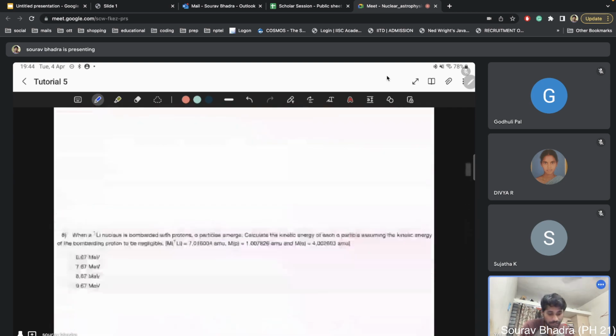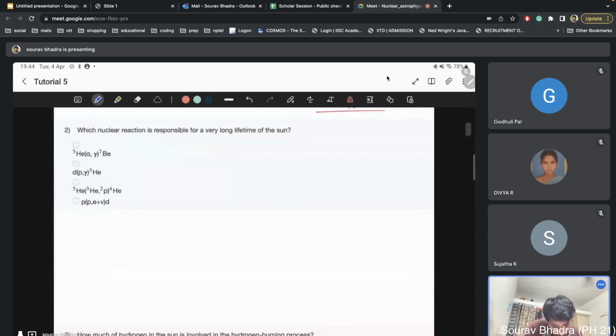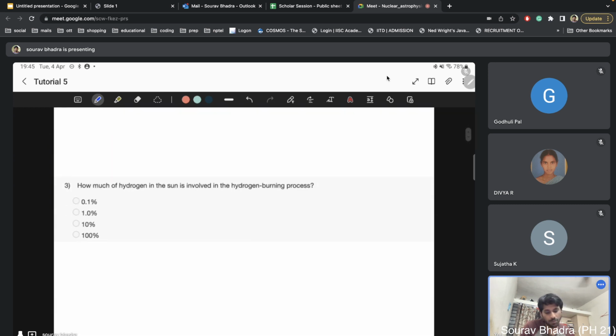There is a question in the assignment: which nuclear reaction is responsible for the very long lifetime of the sun? The very long time is because of the proton-proton reaction, p plus p, which gives you a deuteron, a positron, and the neutrino. This is the main reaction, and it takes the longest time, 10 to the power 10 year. Now, how much hydrogen in the sun is involved in the hydrogen burning process?